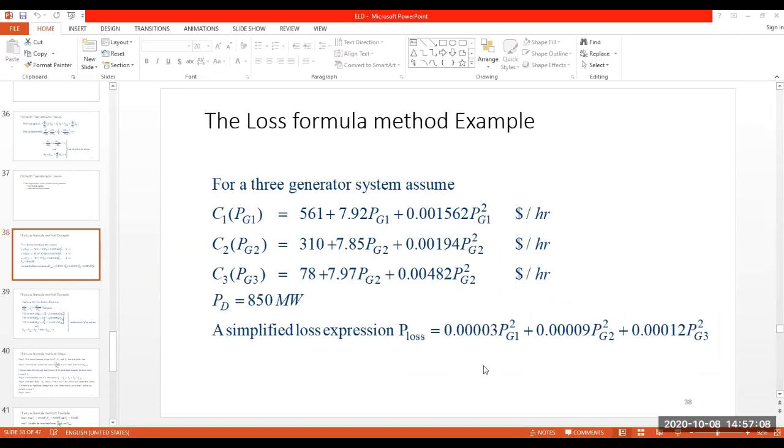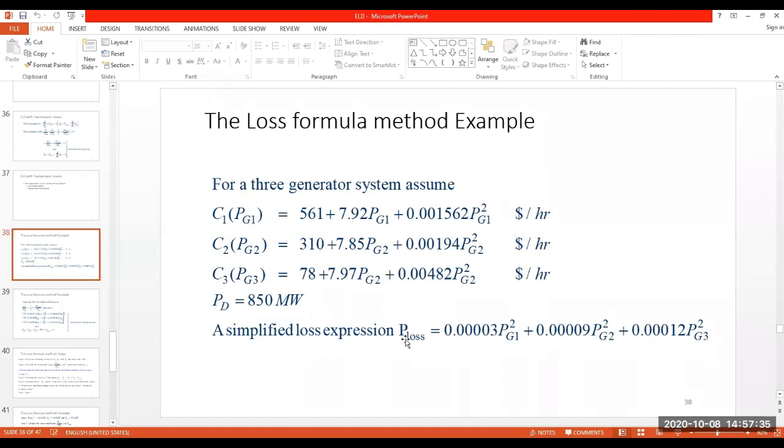Of course, there are more complex expressions for this loss formula, but we are not taking them in this course. There are much more complex representations of the transmission losses available, but for the time being, we will do with this.